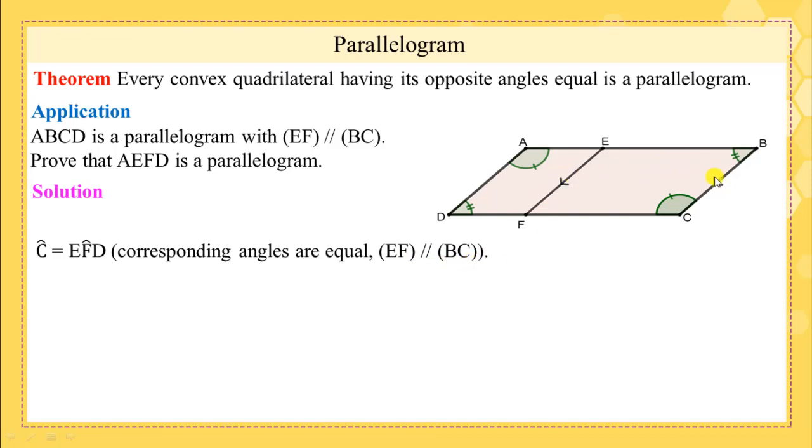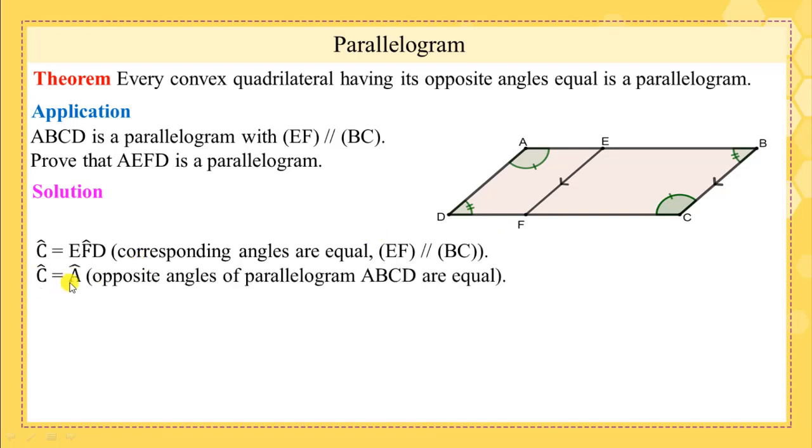EF is parallel to BC, so angles C and EFD are corresponding angles. C equals A because opposite angles of parallelogram ABCD are equal. A and C are opposite angles in parallelogram ABCD. So A equals EFD by substitution.